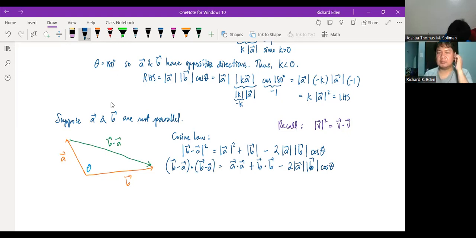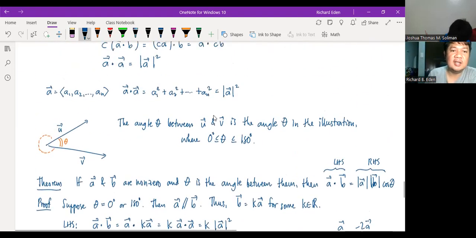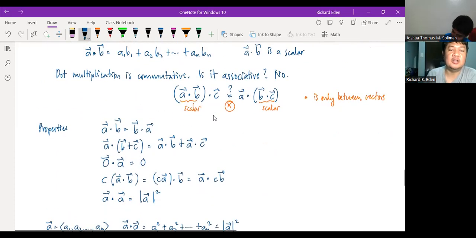Now, remember earlier we listed down the algebraic properties of the dot product. So if you look at, for example, the one that I just checked, what that's showing us is that we have the distributive property.